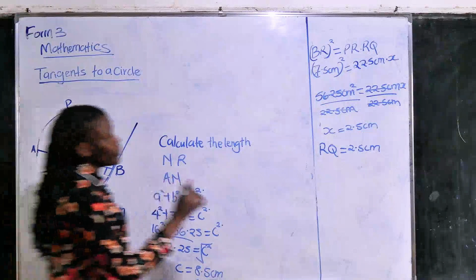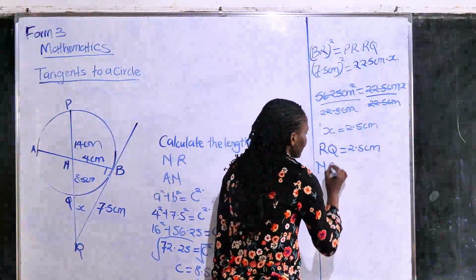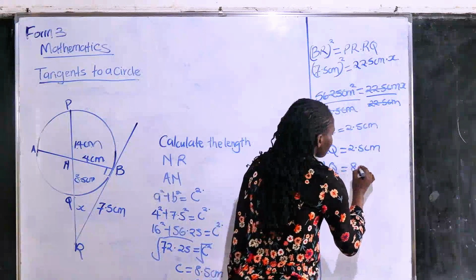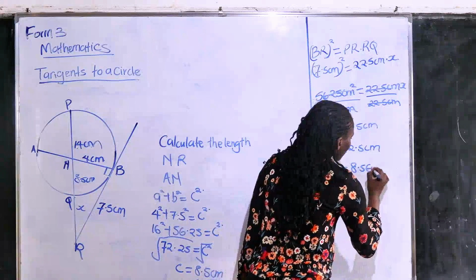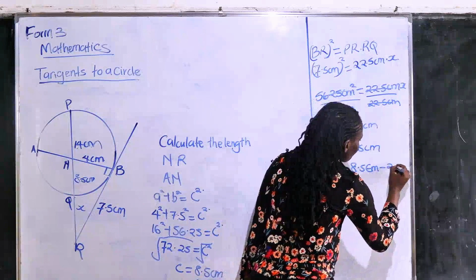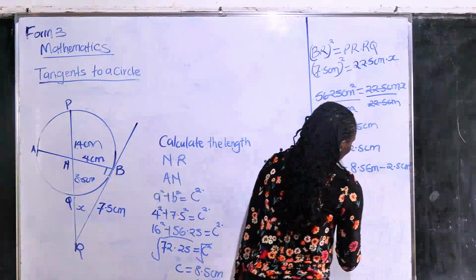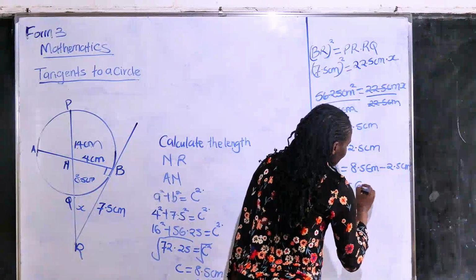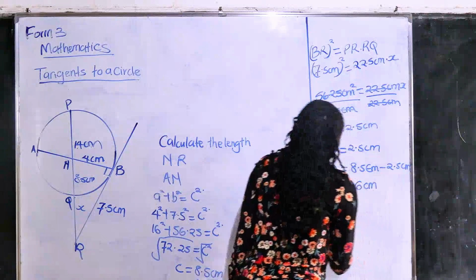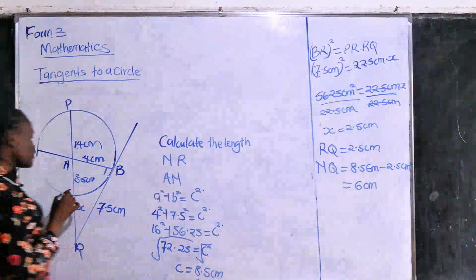NQ will be 8.5 centimeter minus 2.5 centimeter, where now I will find it to be 6 centimeter. That is NQ, the distance from here to here.